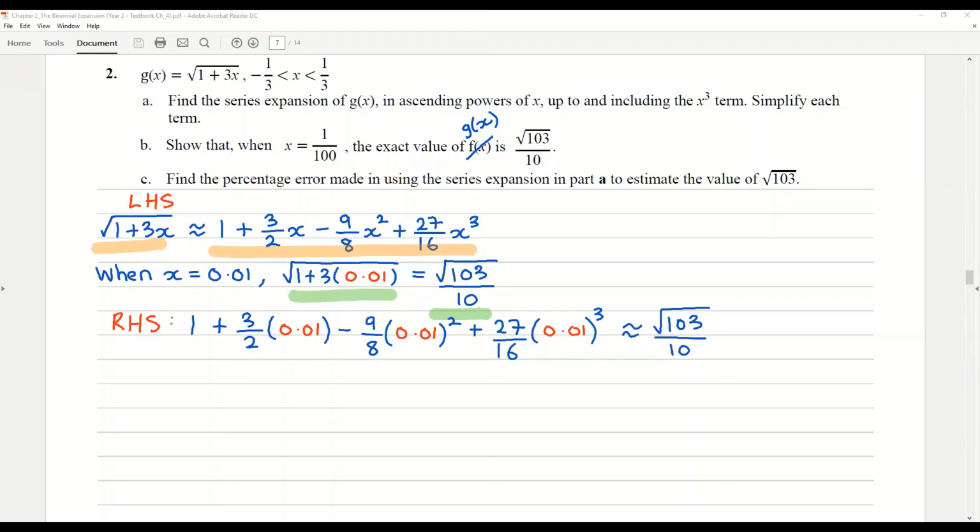Now, if we evaluate this, what do we get? Well, if you whack all that into your calculator, as I've already done, you will discover that the square root of 103 over 10 is approximately equal to, and just check your results with me, 1.014889188.